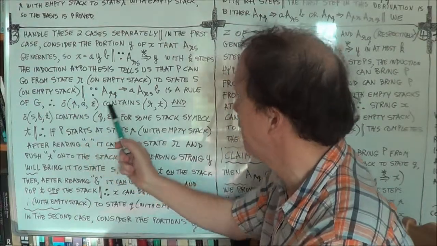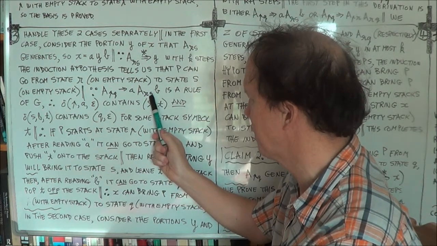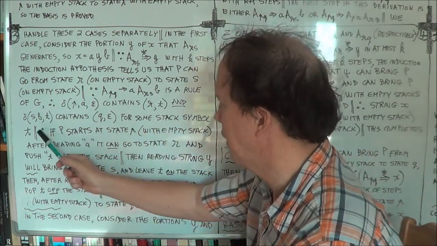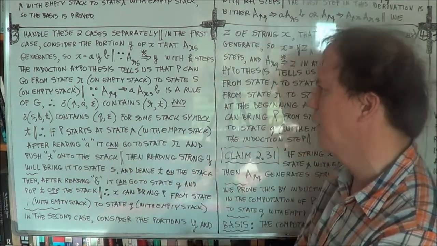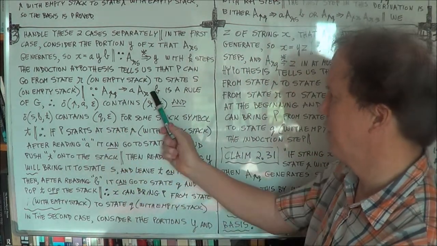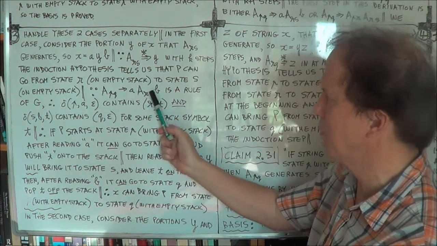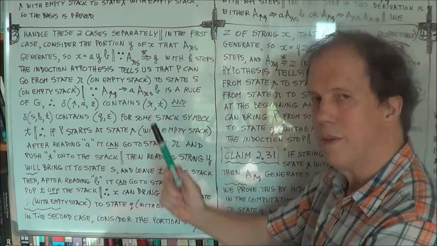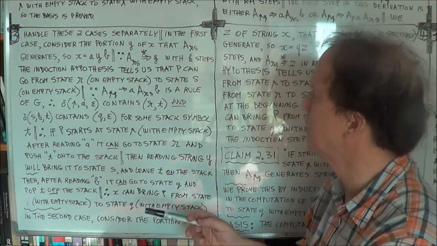You go from state P to R, and then from R to state S, and then from state S you go to Q. So effectively you've gone from P to Q. And you assume that the derivation from this to your string Y occurs in less than k plus 1 steps.